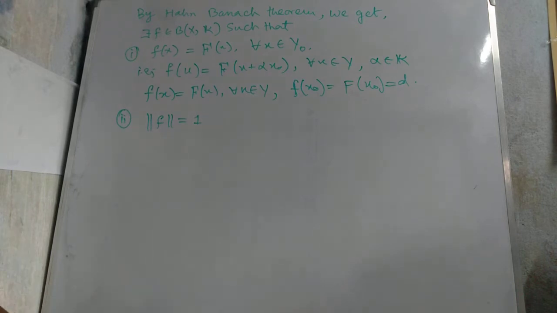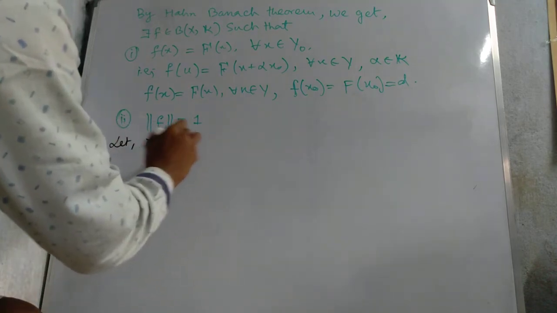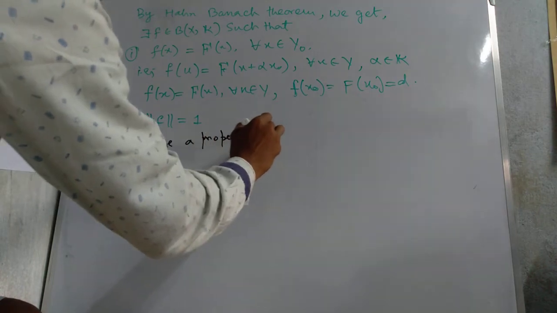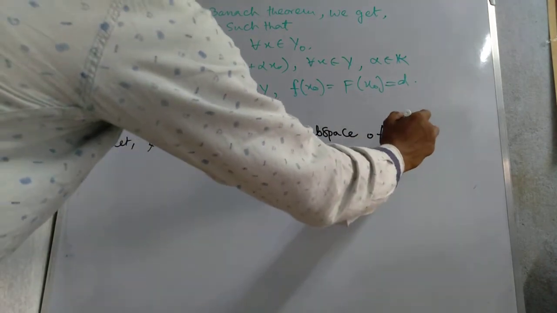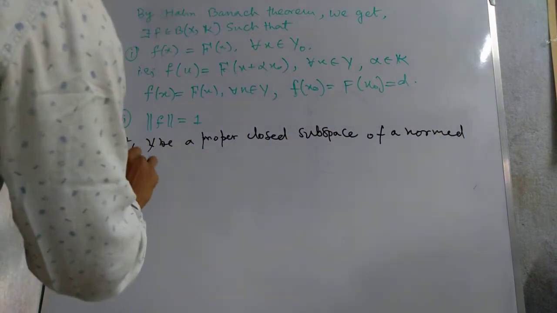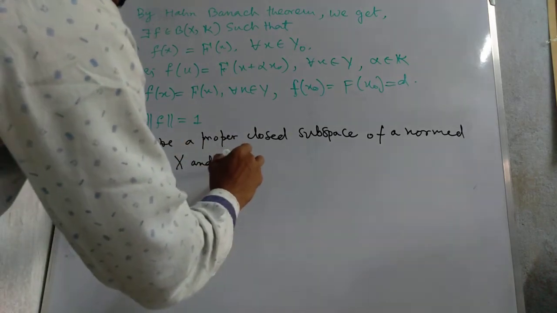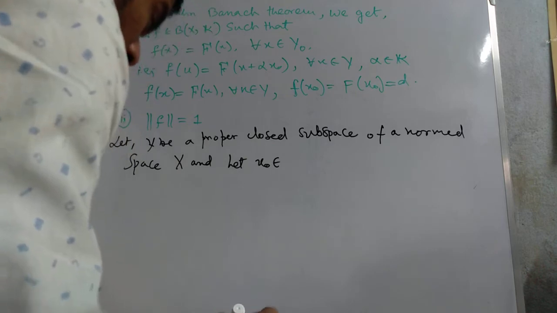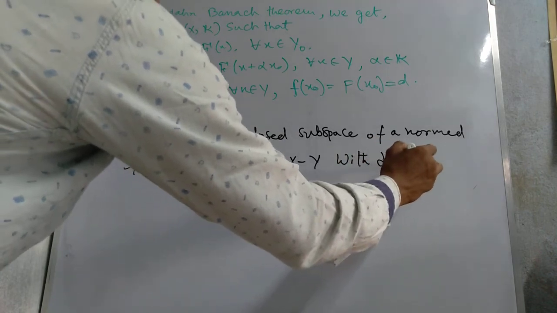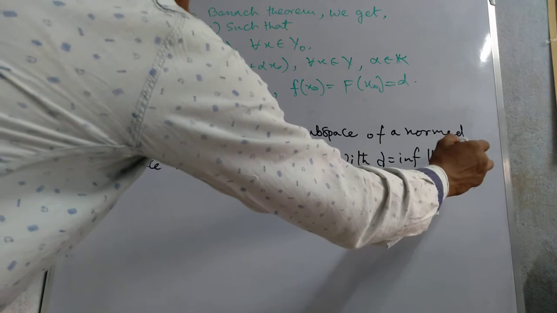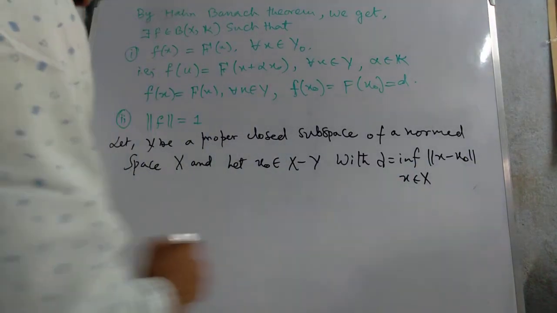Hence, let Y be a closed subspace of a normed space X, and let x0 belong to X minus Y with b equal to the infimum of norm of x minus x0 where x belongs to Y, which is obviously greater than 0.